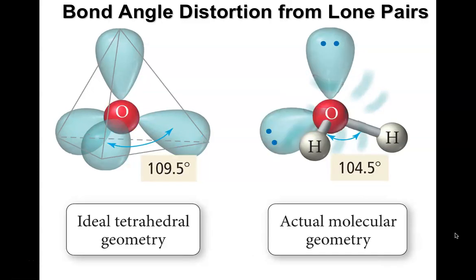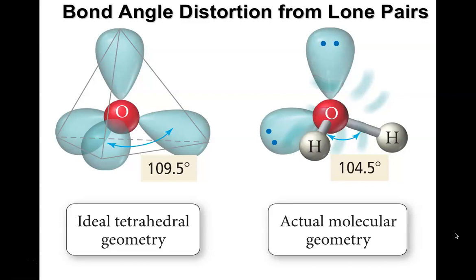Okay. Same idea. On the left-hand side, there are 4 things around the oxygen. It should have a tetrahedral geometry, which it does electronically. But when we actually look at the geometry of water, it has 2 lone pairs and 2 hydrogen atoms bonded. Those 2 lone pairs really repel each other. On top of that, they also really repel the bonded hydrogens.